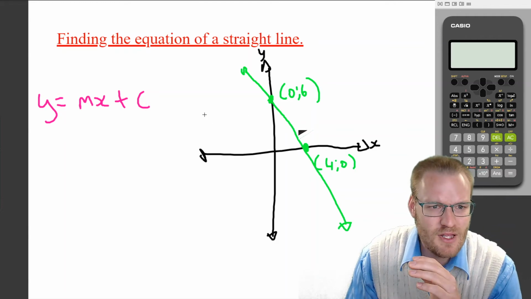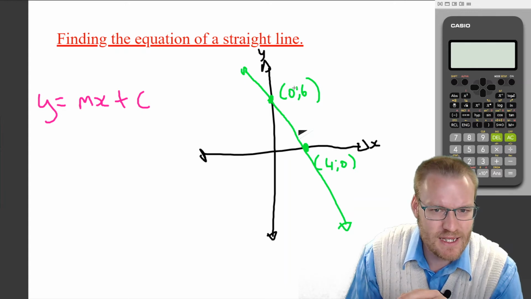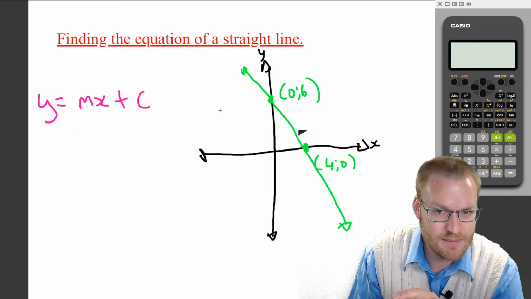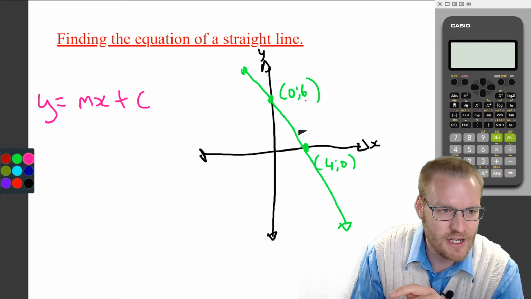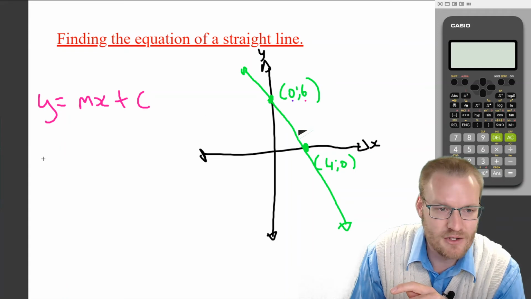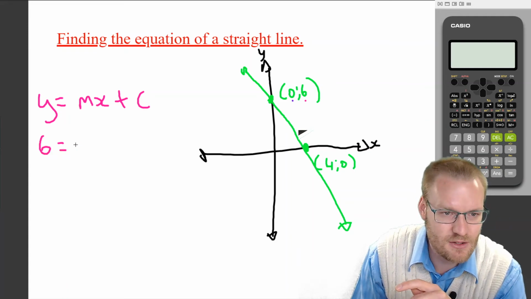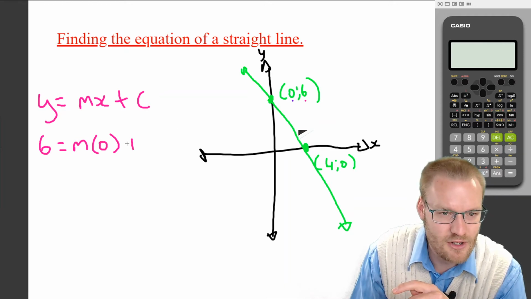Now, c we said related to our y-intercept. So if we substitute this point in, and by substitute I mean wherever we see a y, we put the y value, and wherever we see an x, we put the x value. So the y value is 6, so 6 equals m, which we don't know, times the x value of this point, which is 0, plus c.